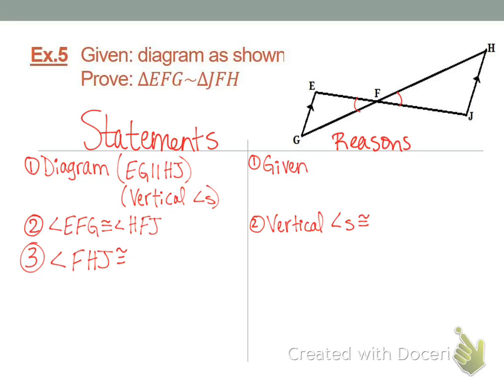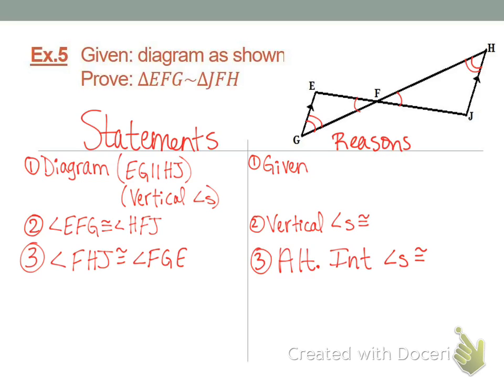Angle FHJ, so that's the angle in the top right corner, is congruent to FGE by alternate interior angles. Of course, anytime you see parallel lines, you should be looking for those angle relationships. Alternate interior angles are congruent.